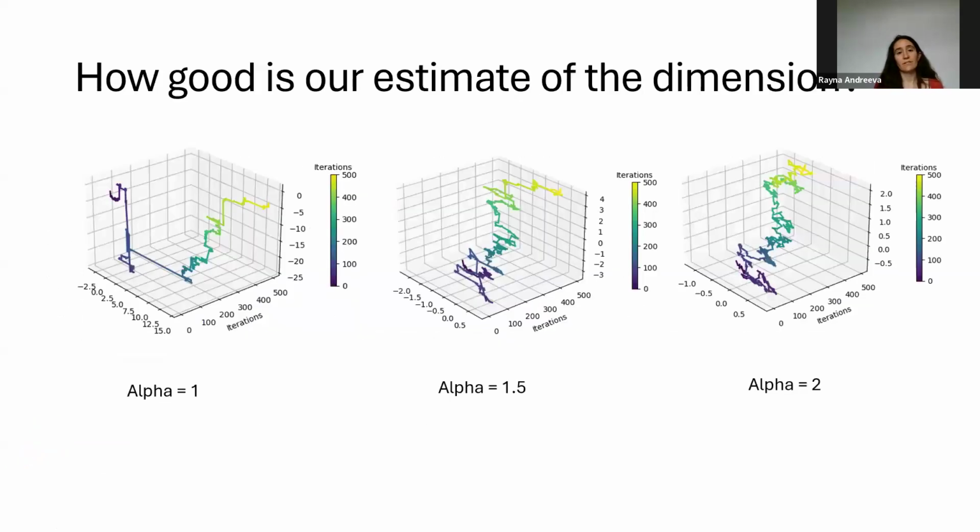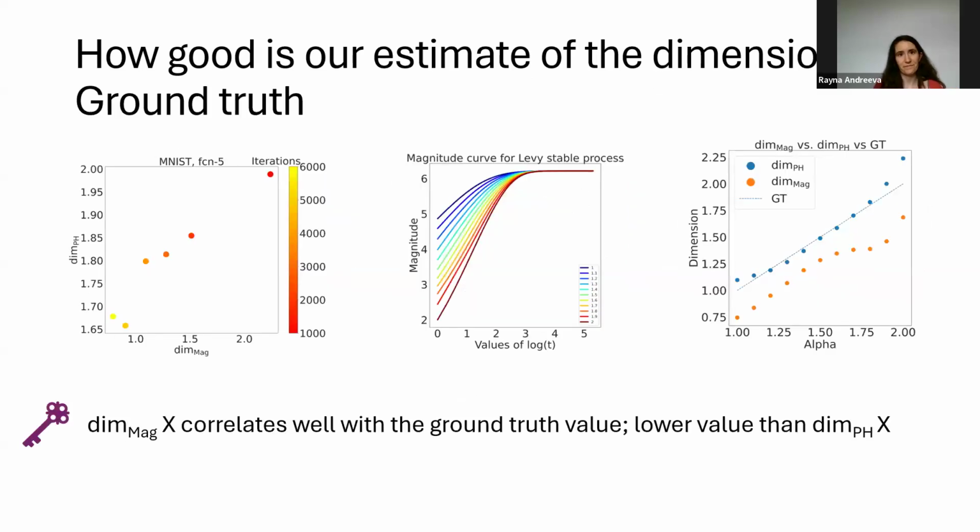The next important question to ask is, how good is our estimate of this dimension? What we looked at was the alpha Lévy stable process, in which the fractal dimension is known. When the fractal dimension is smaller, you observe simple trajectories, and as it increases, the trajectories rise in complexity. We also wanted to compare the magnitude dimension with the persistent homology dimension.